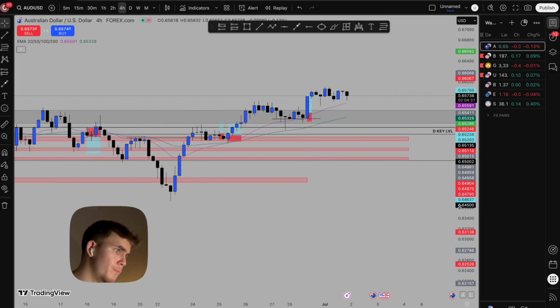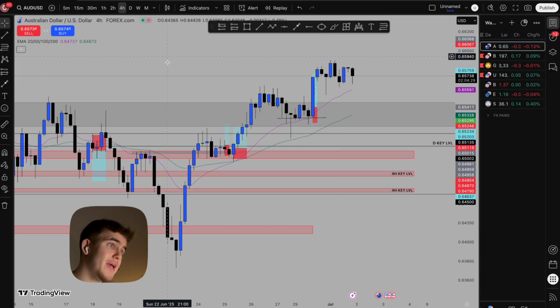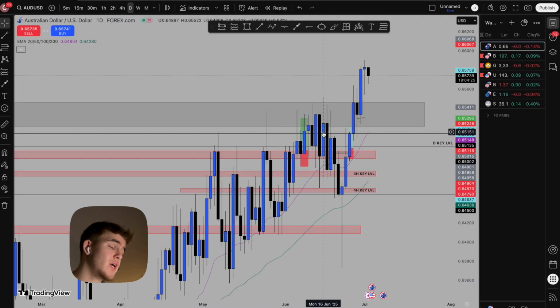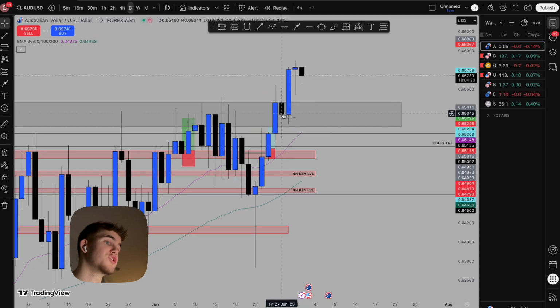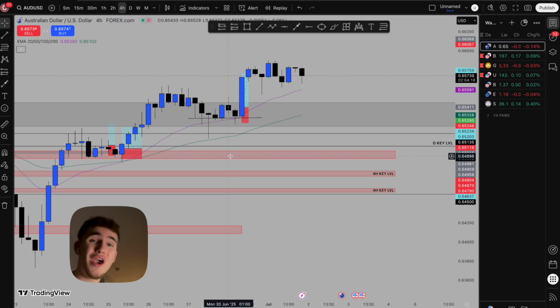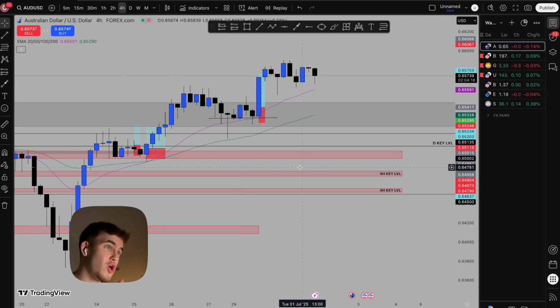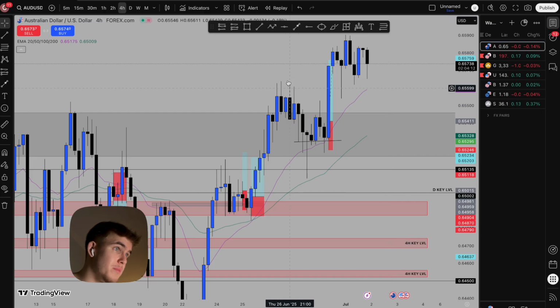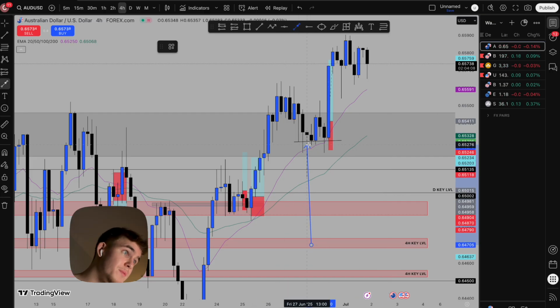Okay, so what was a bit risky about the trade was the fact that on the daily we just had this daily retracement, but at the same time, AUD USD moves kind of fast. So I was mainly looking at the 4 hour time frame, and you guys can clearly see here we had that clean retracement.